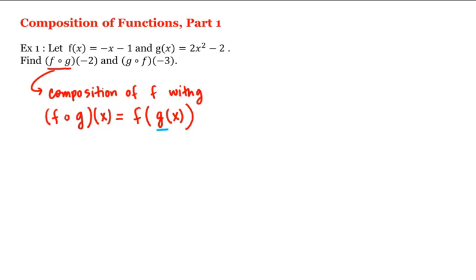That is, we plug in g of x as the input to this outside function here. And be careful here, this is different than f of x times g of x. This is not equal to this.